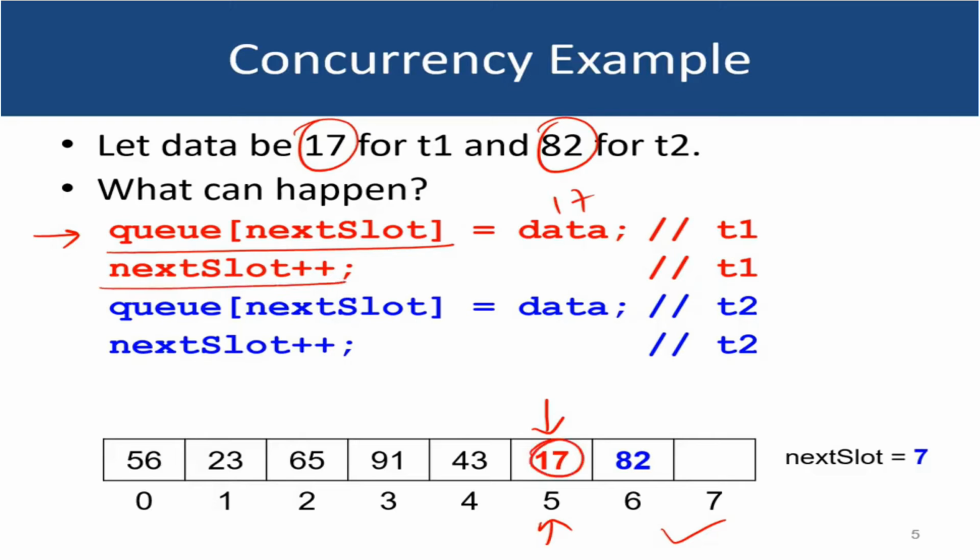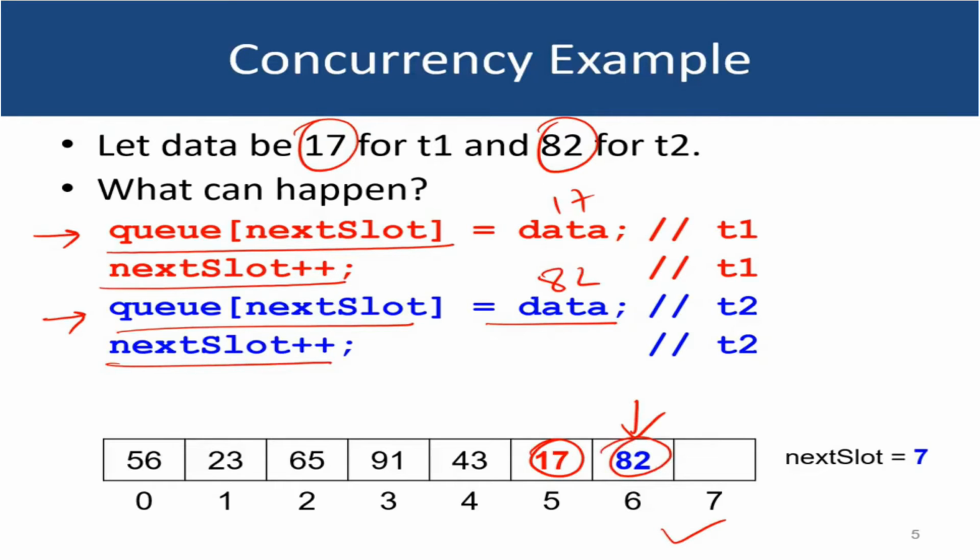Next, when T1 said next slot plus plus, the next available slot got incremented and started pointing to index 6. After that, when thread T2 came in and said queue[next slot] equal to data, its data item 82 got copied in index 6. And when thread T2 did next slot plus plus, the next slot variable incremented to point to the next available slot 7, as shown over here.